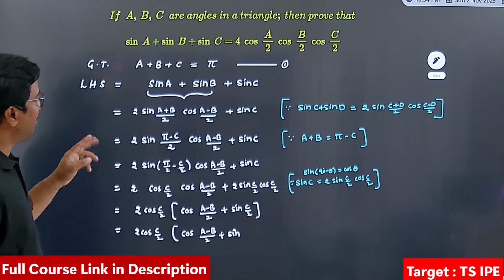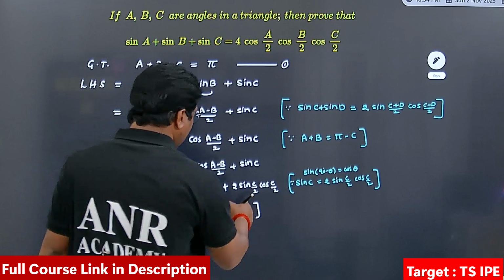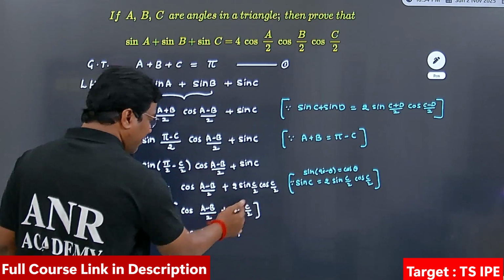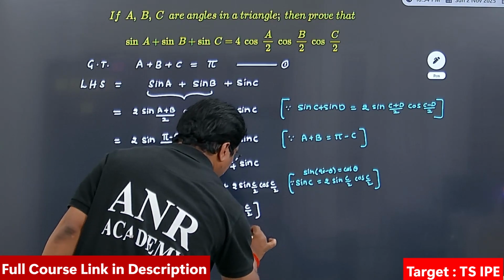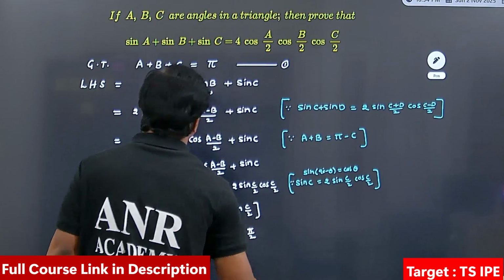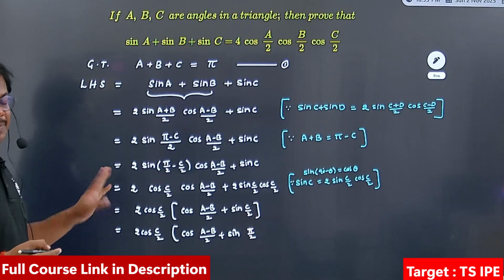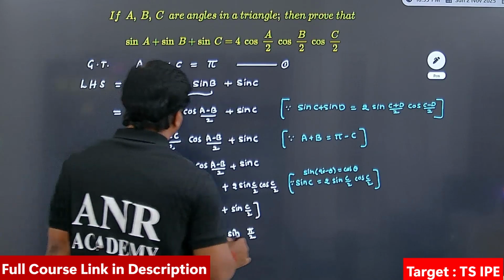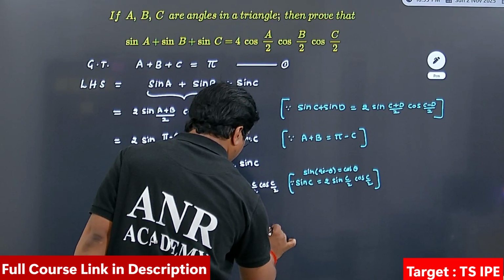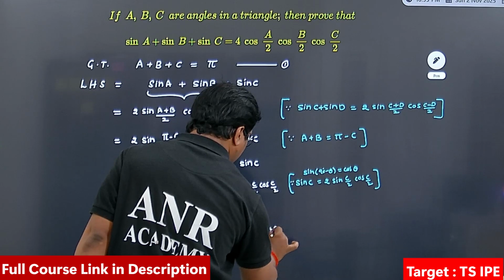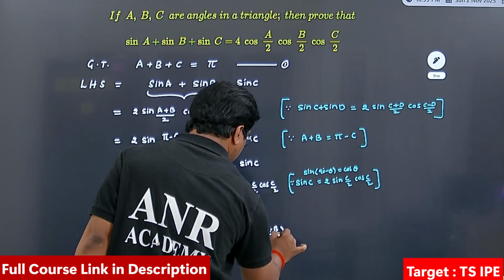I can write 180 minus (A plus B)]. So sin of (180 minus (A plus B)) divided by 2. 180 by 2 is 90. C value can be written as 180 minus (A plus B) divided by 2, so pi by 2 minus (A plus B) divided by 2.